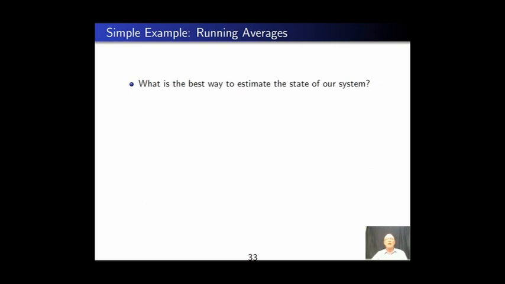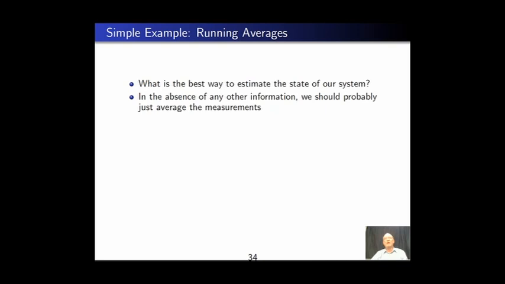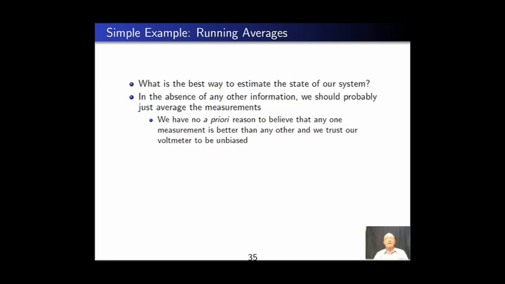So what's the best way to estimate the state of our system? Well, as we mentioned before, we think a pretty reasonable plan is just to average all the measurements. We don't have any other information to tell us that any particular measurement is better than any other, so we should treat them equally and simply average them. And we don't have any reason to believe that our voltmeter is biased. Well, let's assume that it's been calibrated pretty recently.